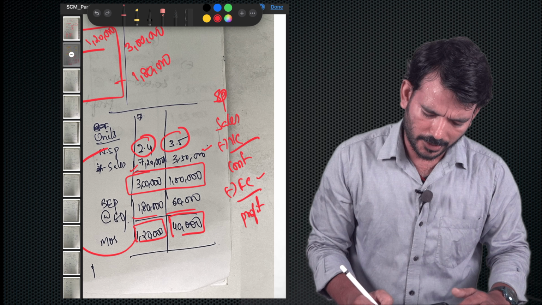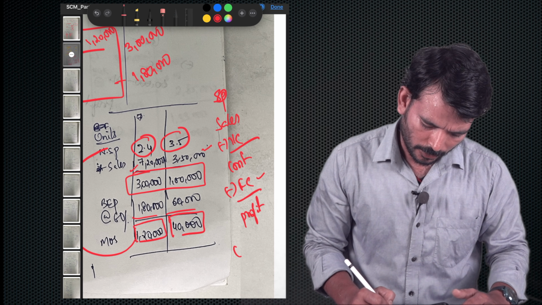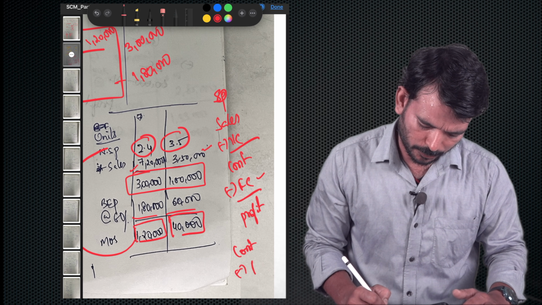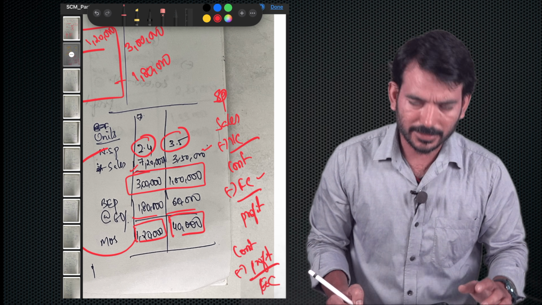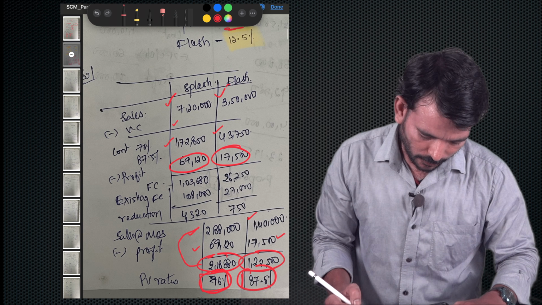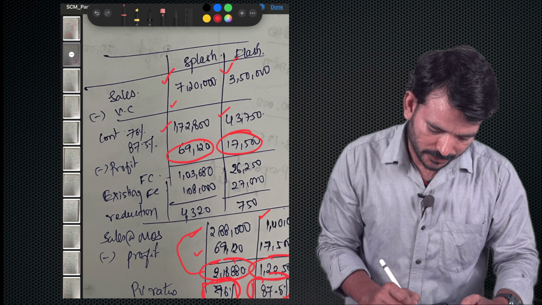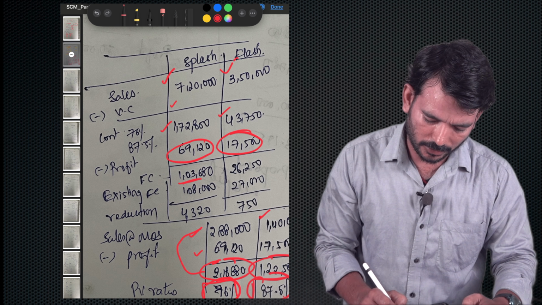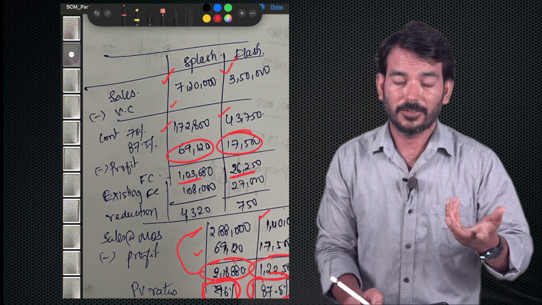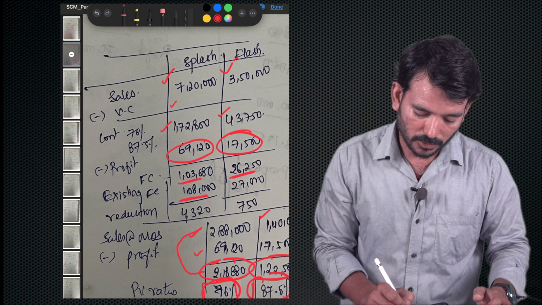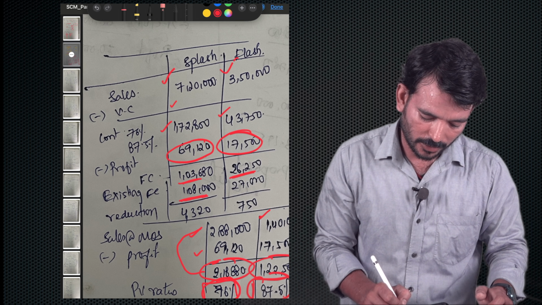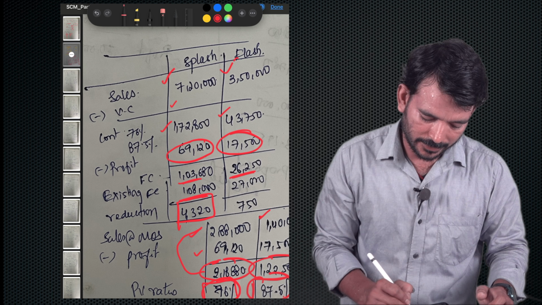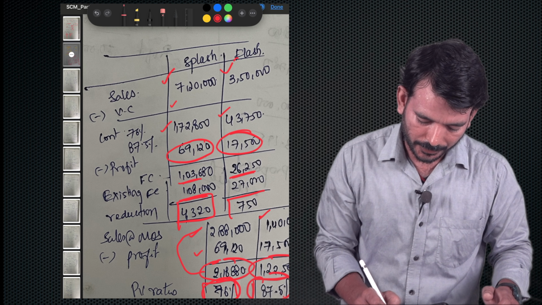But if I know my profit, contribution minus profit will give you fixed cost, right? So that way I should have a fixed cost of 1,03,680 or 26,250, but the existing fixed cost is 1,08,000 and 27,000, which means there should be a reduction of 4,320 in product A and 720 in product B.